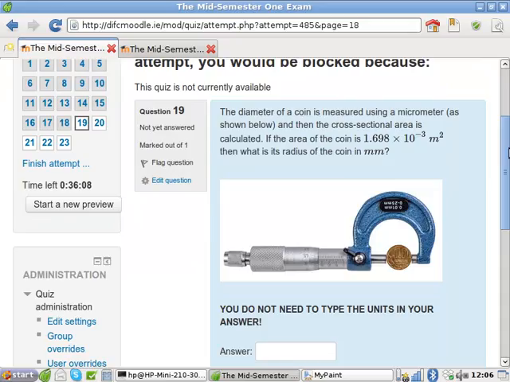Right, so the diameter of a coin is measured using a micrometer, as shown below, and then the cross-sectional area is calculated, and the area of the coin is 1.698 times 10 to the minus 3 meters squared. What is the radius?